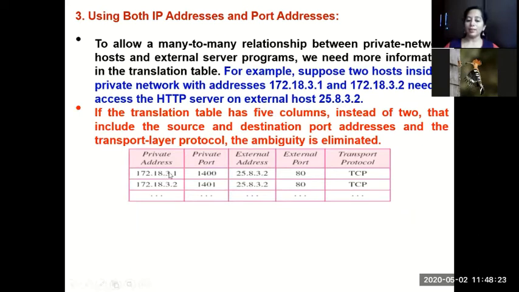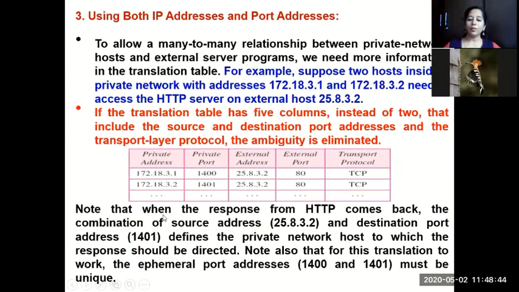In the sense, here it's clearly shown 2 different devices with 2 different port numbers can access the same external device, same external program like your Gmail or something, and the external program can have the same port number and same protocol also.